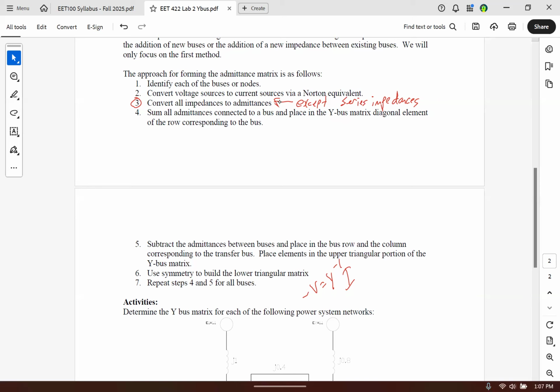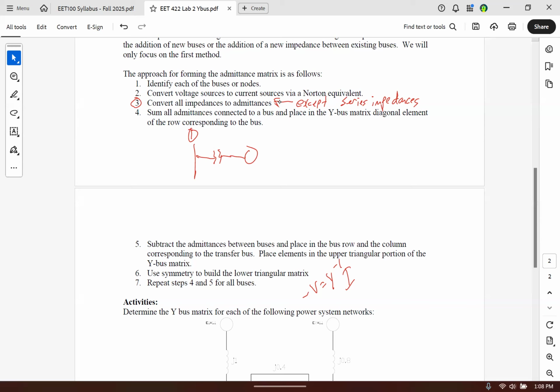So if I'm doing a generator here, and I put a step-up transformer, and then I go to bus 1, remember that step number 3 where we said watch out for impedances that are in series with each other? We have a generator which has an internal impedance. Remember we talked about a generator being modeled as an ideal voltage source in series with some sort of impedance to limit the amount of current out of the machine.